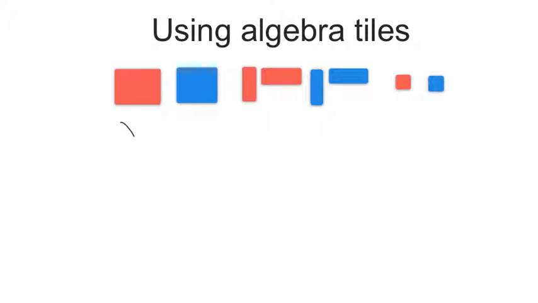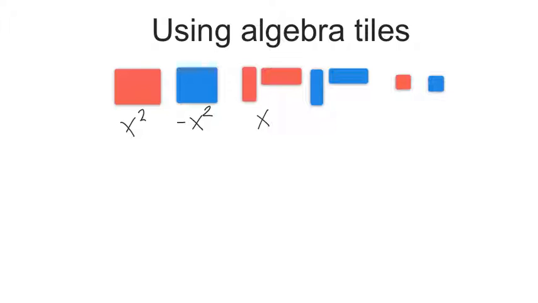So this one here is positive x squared. Blue represents negative. So this one with the same shape but blue in color would be negative x squared.